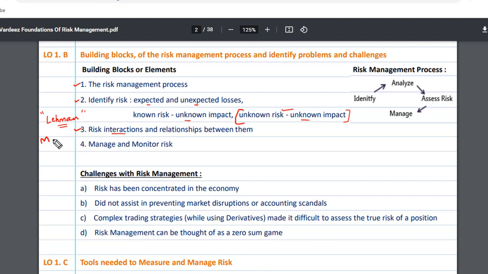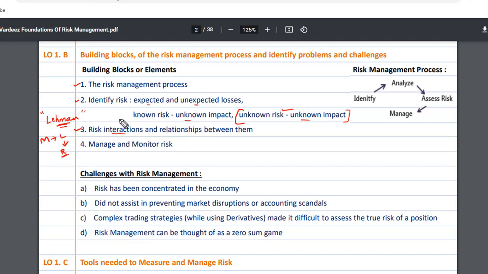Then from market risk it quickly turned into liquidity risk, because they were not able to sell their assets at a good price. They were not able to liquidate their assets, and then liquidity risk quickly turned into reputation risk, because their reputation was going down and many counterparties were not able to deal with Lehman. So it becomes really important for the risk manager to understand these risk interactions and how it can quickly make the company go bankrupt, just as happened in the case of Lehman Brothers.